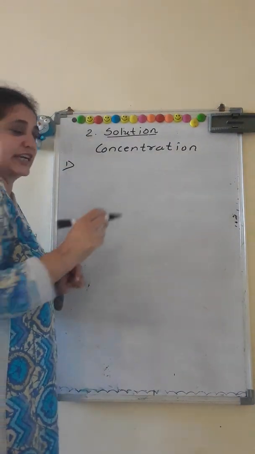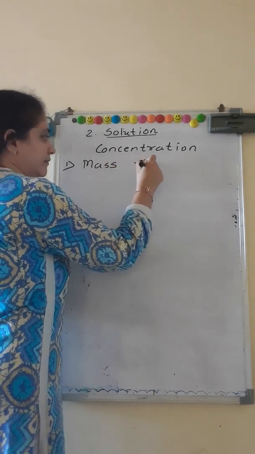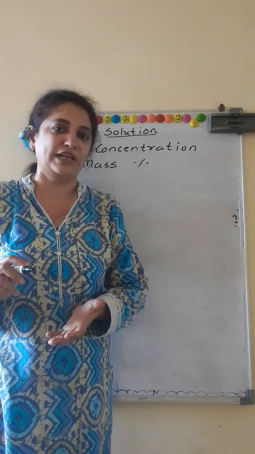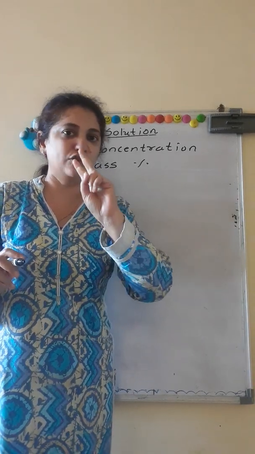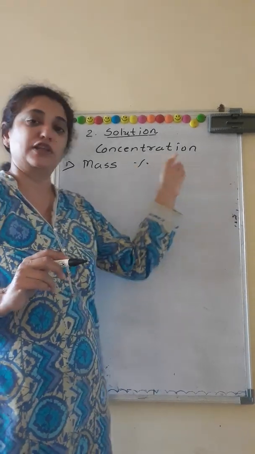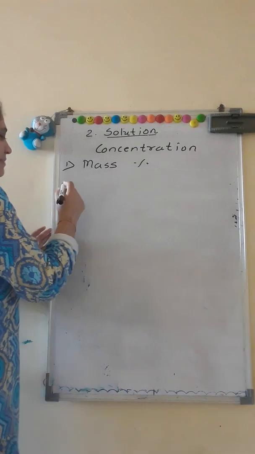The first term in your textbook is given as mass percent. Now mass percent of any component in a solution can be calculated. There are two components, solute and solvent. So we can calculate mass percent of solute or we can calculate mass percent of solvent. How can it be measured?